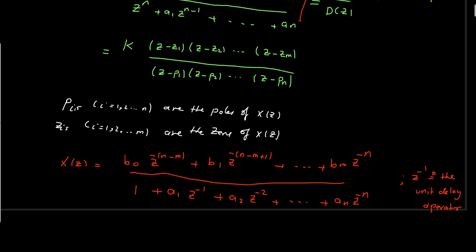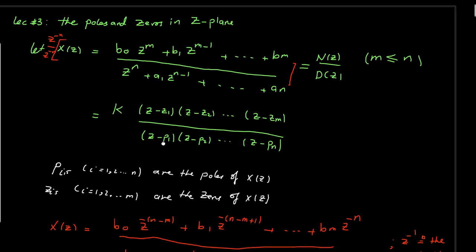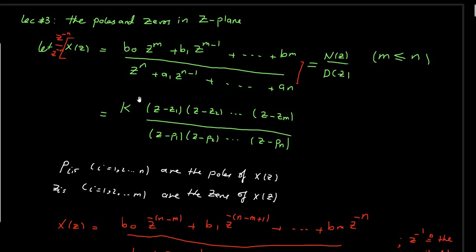So to find the zeros and the poles of X(z), which is better: to use X(z) in terms of z or in terms of z^(-1)? To answer this, let's solve the following example.